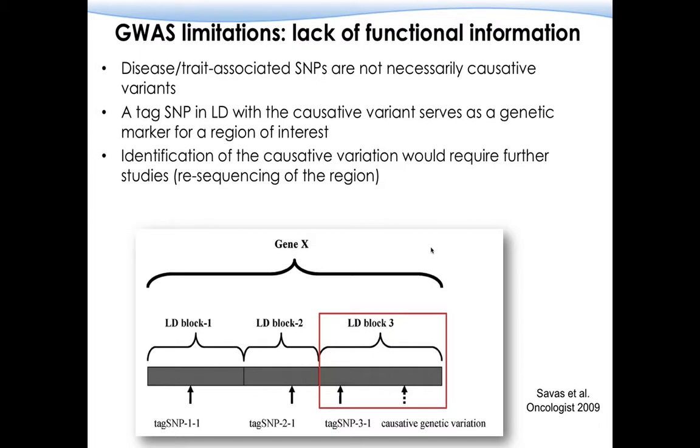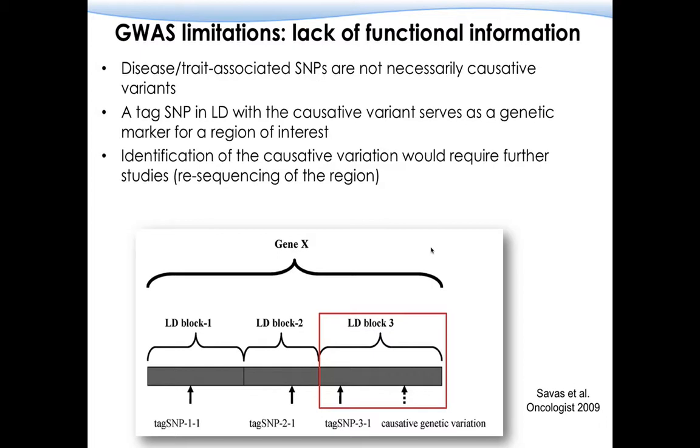Yes. How do you start identifying these variations from these studies? Because you don't know which block has a variant, right? So do you start working on every block? Basically, the statistical genetics part is this: let's say we have three blocks, and each block has a tag SNP.